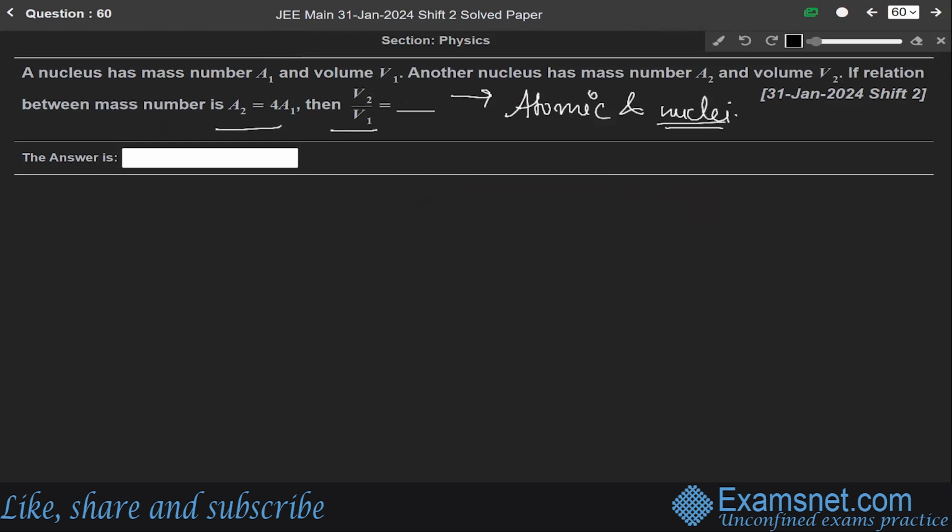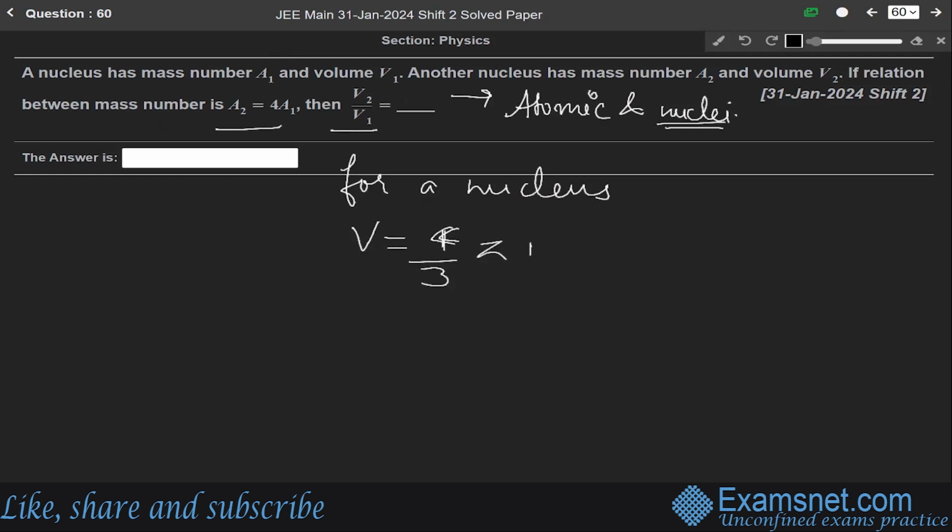Since we know that for a nucleus, volume V is 4 by 3 pi r cube.